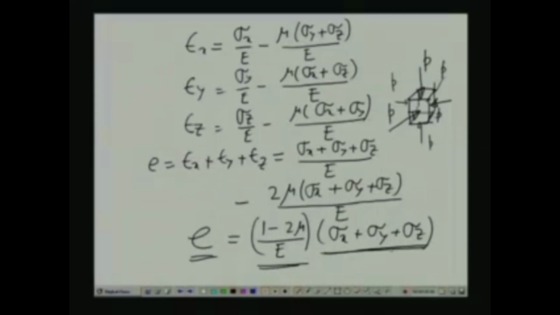Now, if we replace the values of sigma x, sigma y, sigma z in terms of p, then since they are acting in the compressive direction they are negative. So, sigma x is minus p, sigma y is minus p, sigma z is minus p.